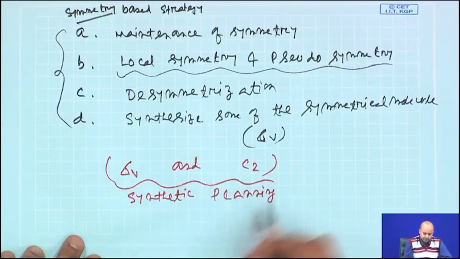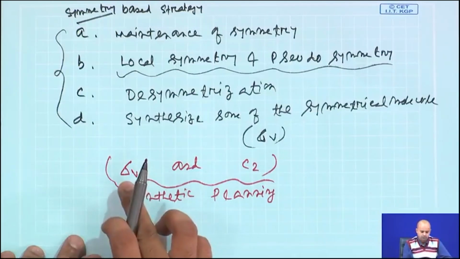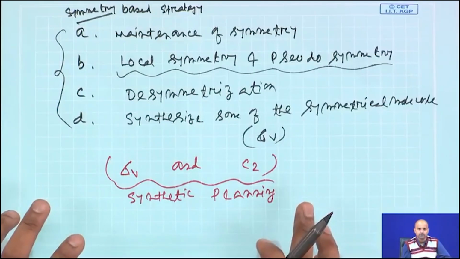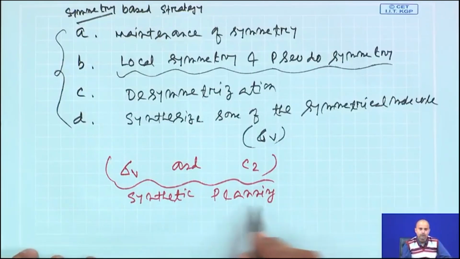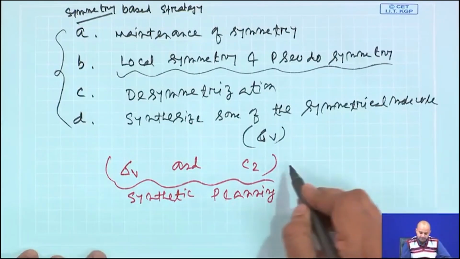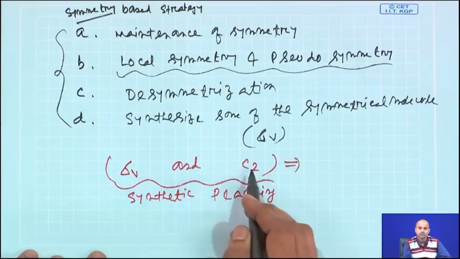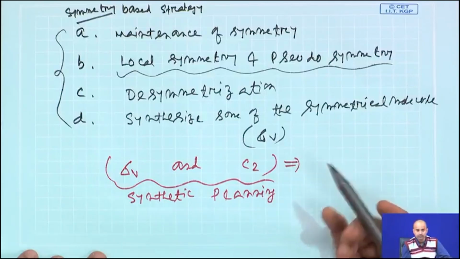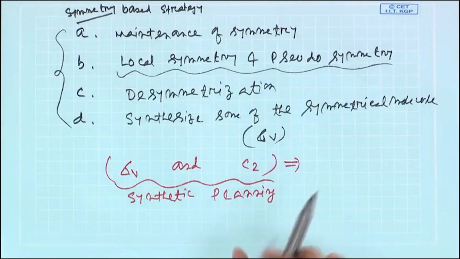How they play a very important role in synthetic planning, we will talk about in stereochemical strategies. In addition, these two symmetry elements are very important in symmetry controlled pericyclic reactions. As we are not discussing it, but for your information, you will come to know that sigma v and C2 play a very important role in predicting the selection rule in pericyclic reactions, which are purely symmetry controlled. So, now we will try to explore the things.